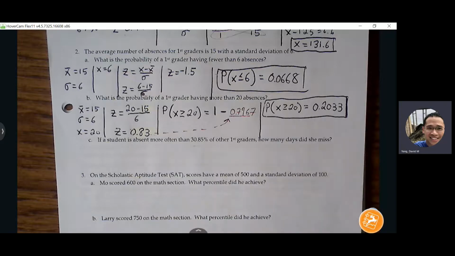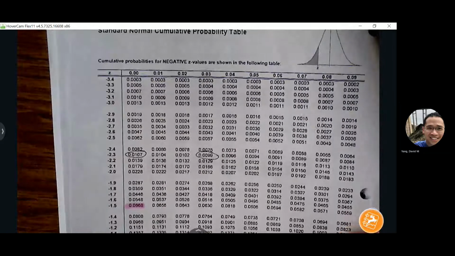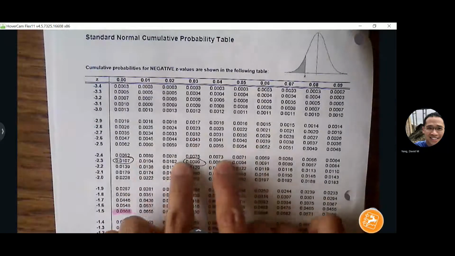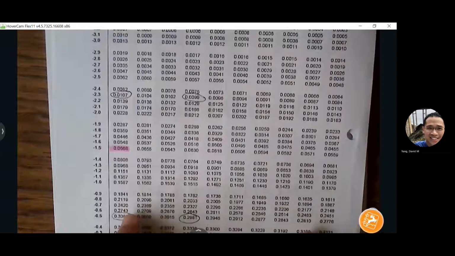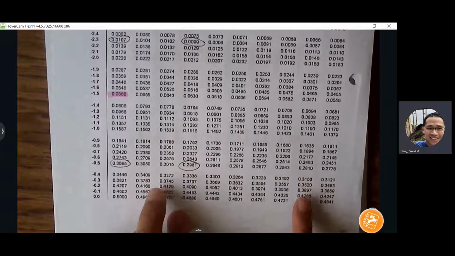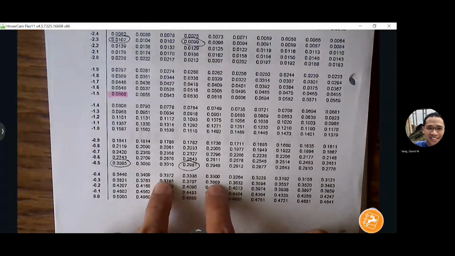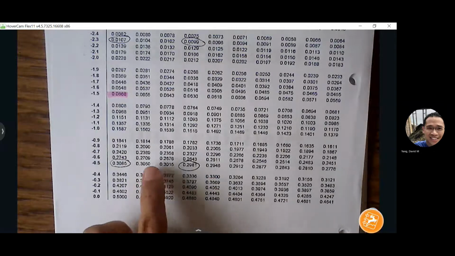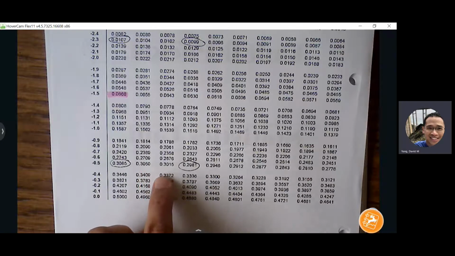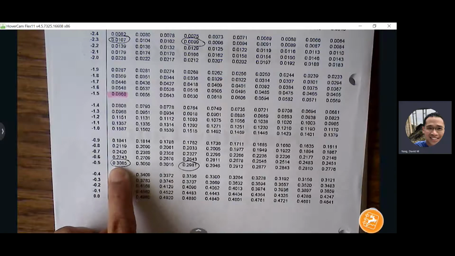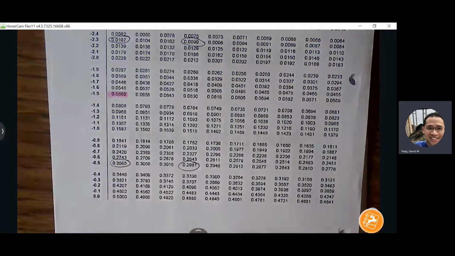So 0.3085, we'll look for 0.3085. Okay, 0.3085 looks like that's landing right at negative 0.5, z-score of negative 0.5.